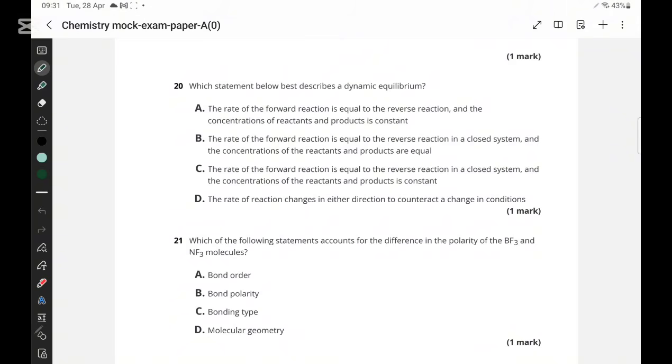For the next question, which statement below best describes dynamic equilibrium? There are certain conditions for dynamic equilibrium. First, it occurs in a closed system, and second, the rate of forward reaction is equal to the rate of backward reaction.